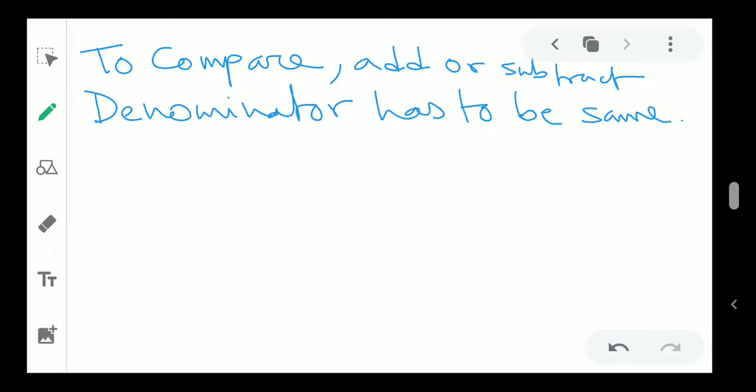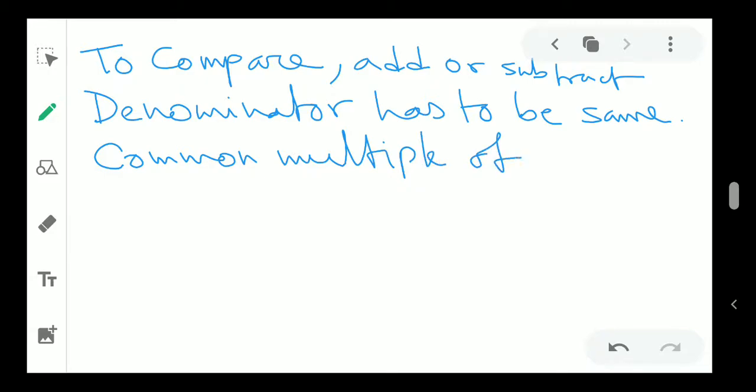So that means first I have to find a common multiple. So I know that a common multiple of 3 and 5 is 15.